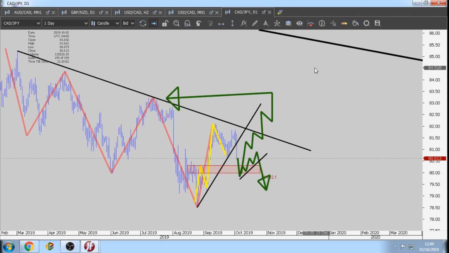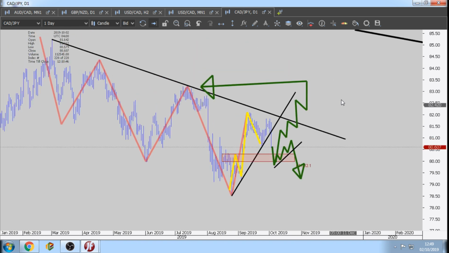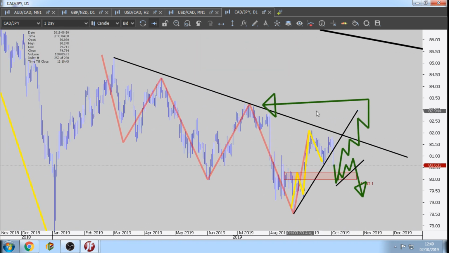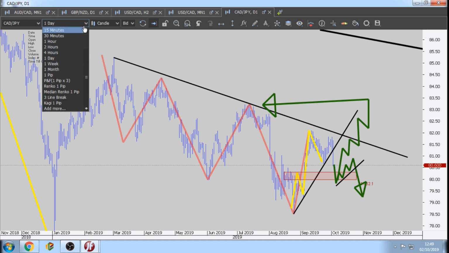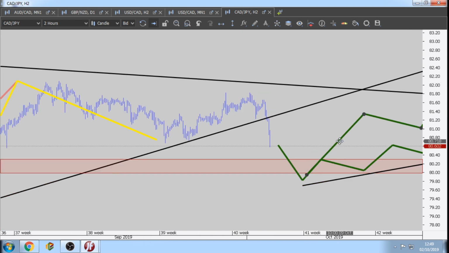Do you remember the picture, everybody? I don't have the picture right now, but there is a picture I shared with you, showing how the monthly controls the weekly and the daily. Now let's jump briefly to the 2-hour chart. I'm going to delete a few things.